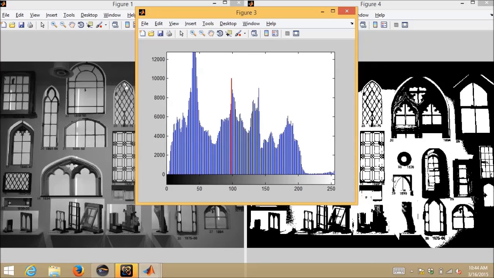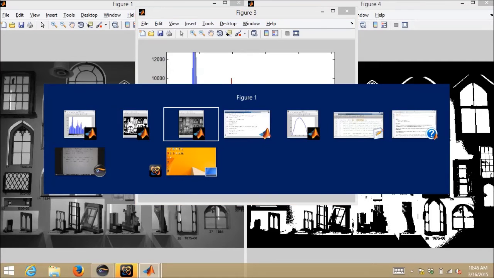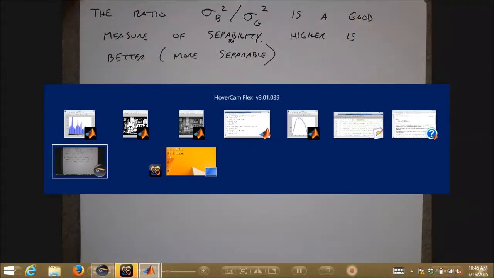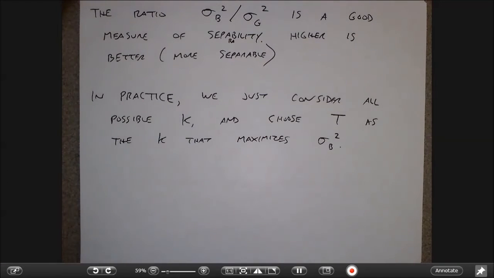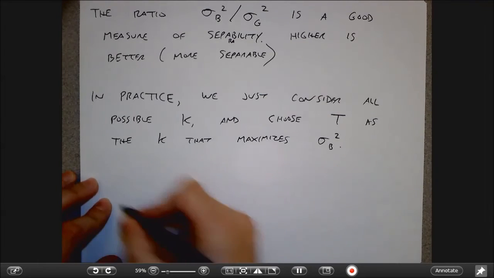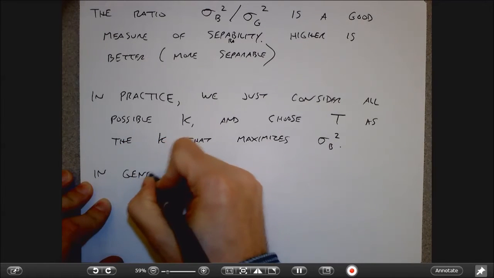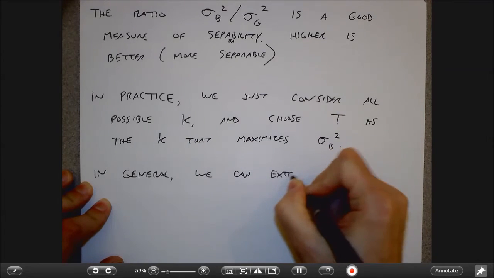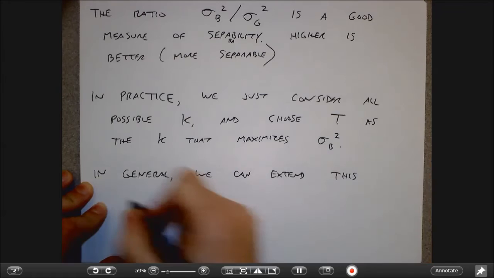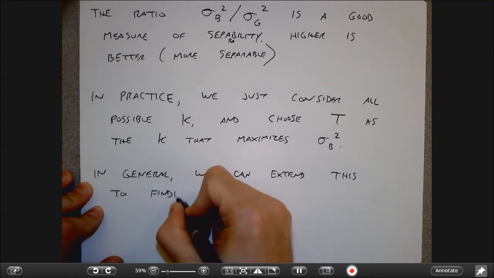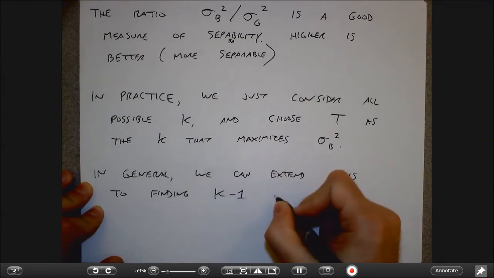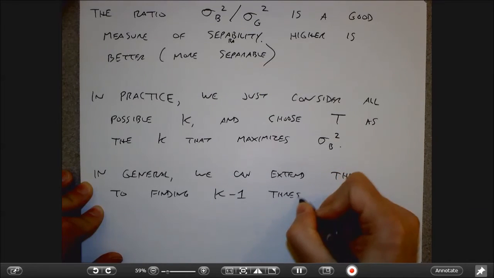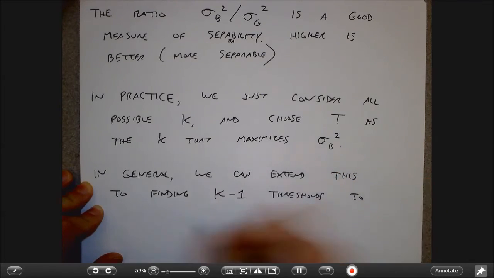With images with 3 peaks, can you use 2 thresholds? Right. So what would happen if I had 3 peaks? Yes, you can do that. So I'm just going to write that down. In general, we can extend this to finding k minus 1 thresholds to separate k classes.